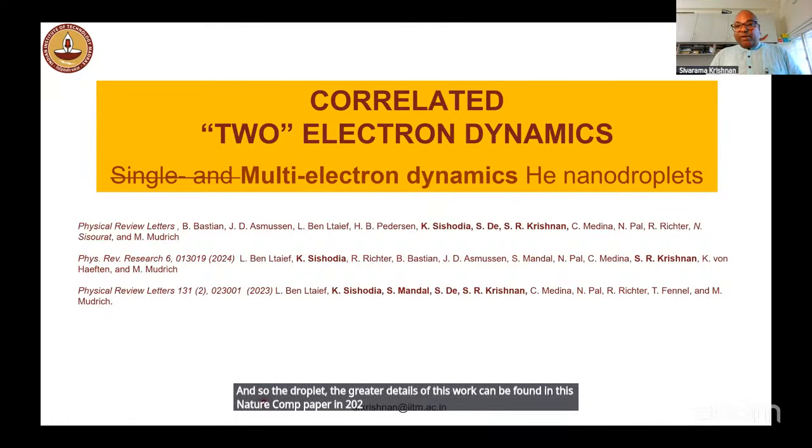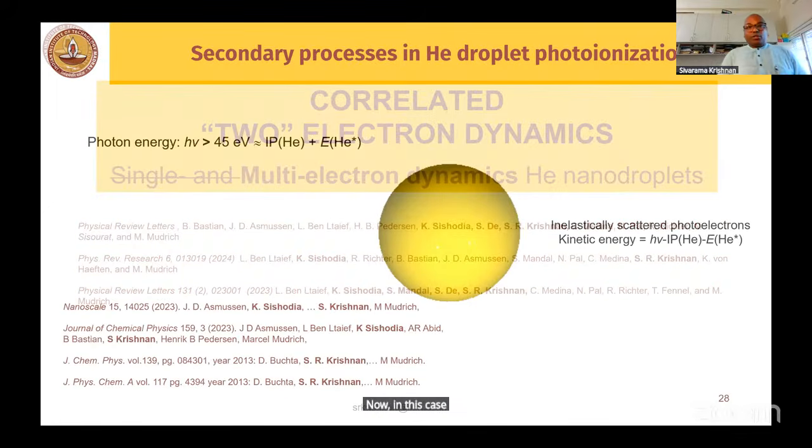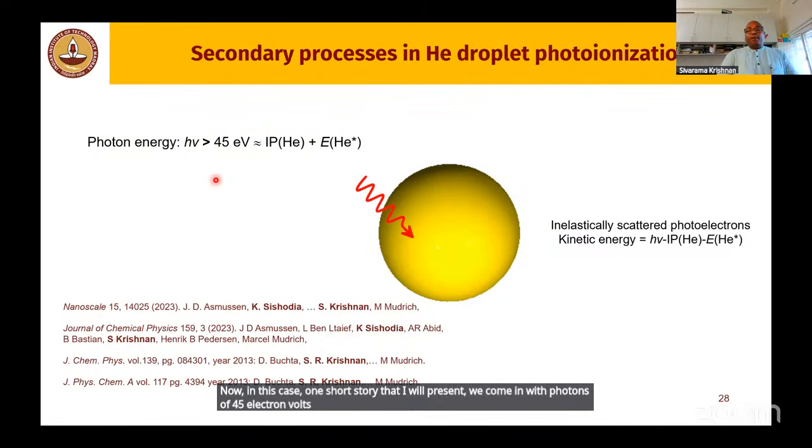So we know this, and of course, in collaboration with Marcel, we did several experiments. We have studied correlated two-electron dynamics in helium nanodroplets. In this case, in one short story that I will present, we come in with photons of 45 electron volts in energy. 45 electron volts is higher than the ionization energy of a helium atom.